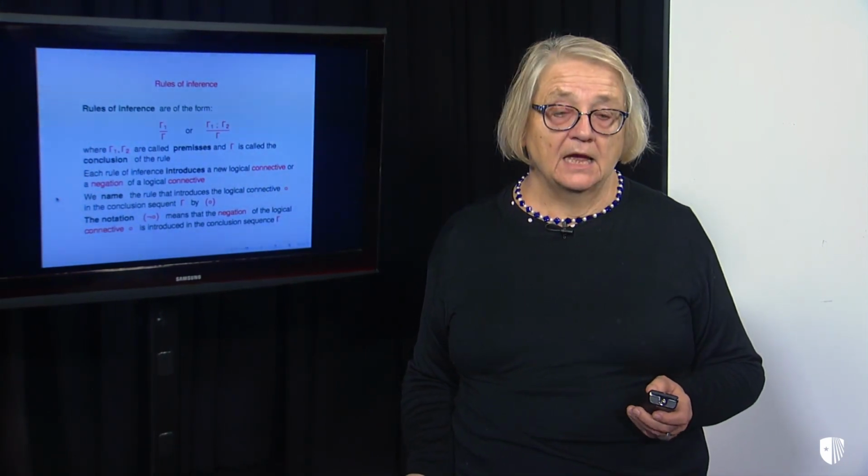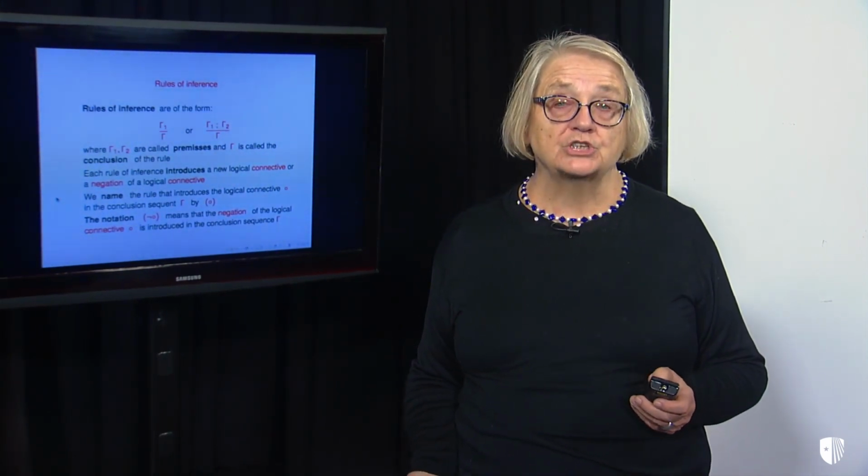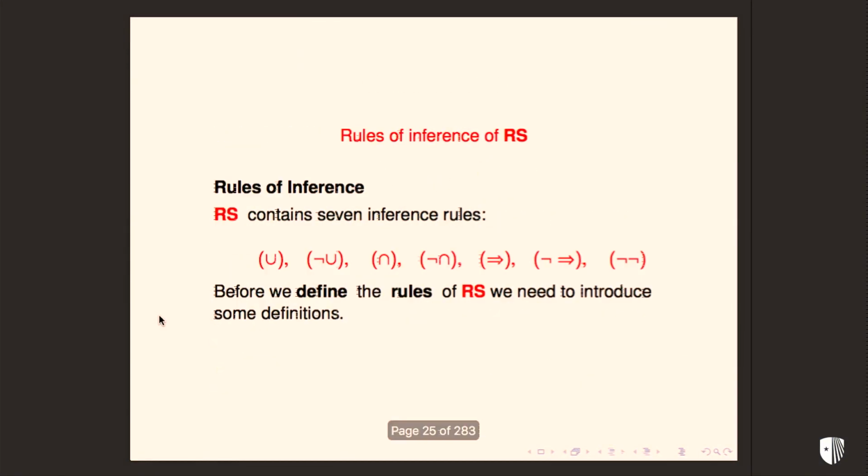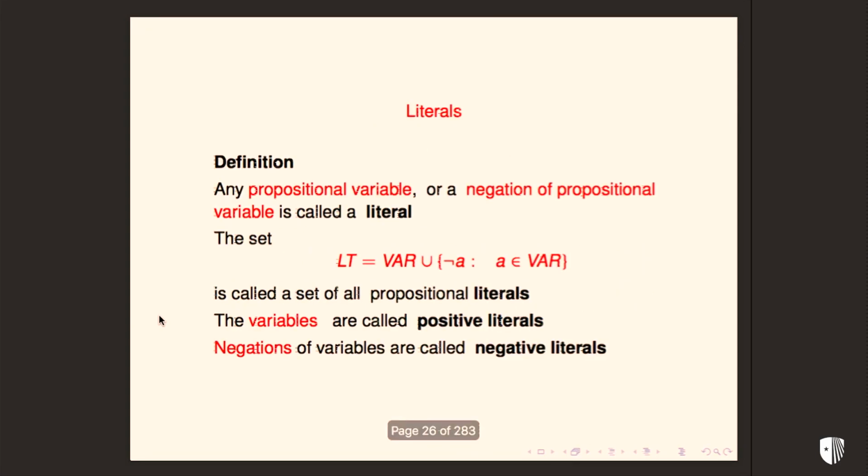Each one introduces a new logical connective or the negation of the connective. So these are the names of our rules: disjunction, which means the rule introduces disjunction into the sequence of formulas, negation of disjunction, conjunction, negation of conjunction, implication, etc. So that's why we name those rules like that.